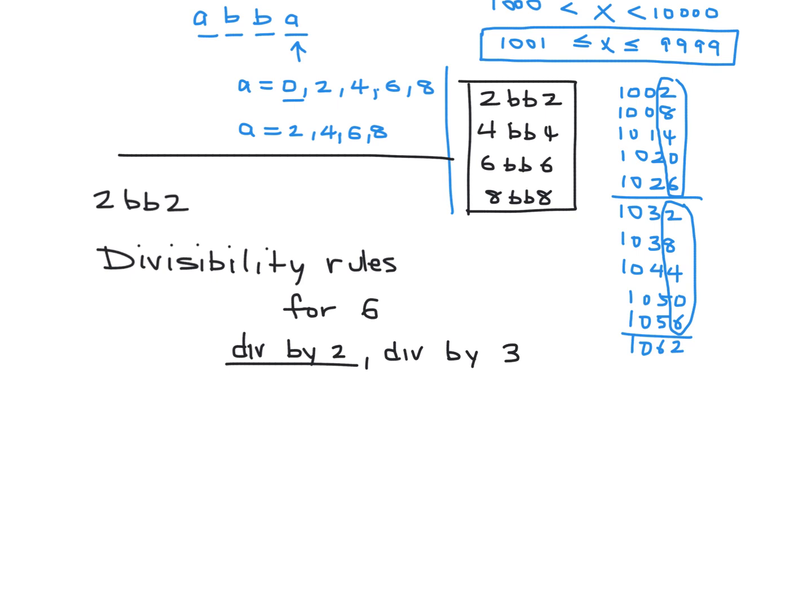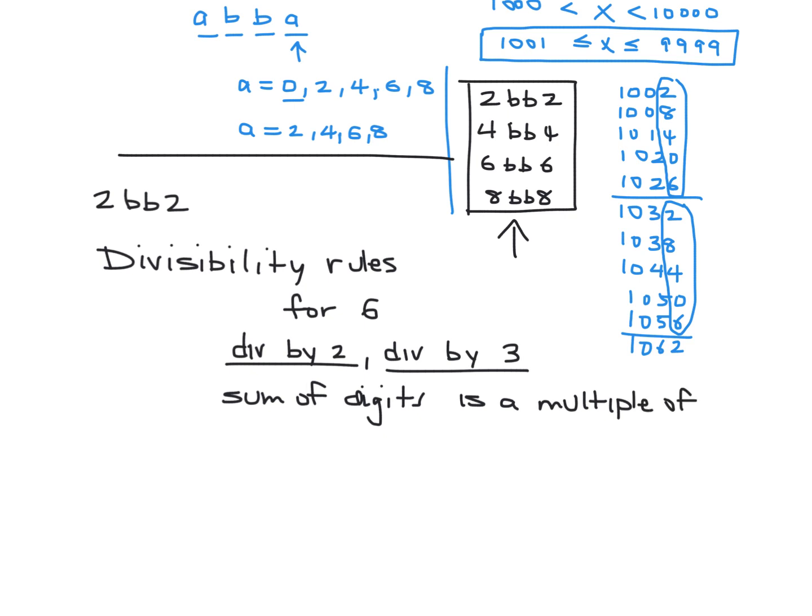Now, if it's divisible by 2, it just means that it's an even number, and all of these guys are even numbers, so that doesn't really help us. But this one is going to help us. If it's divisible by 3, that means that the sum of the digits of that number is a multiple of 3. So that's what we're going to use.